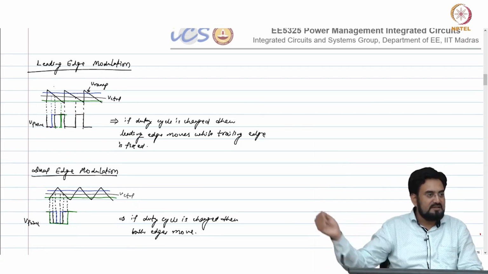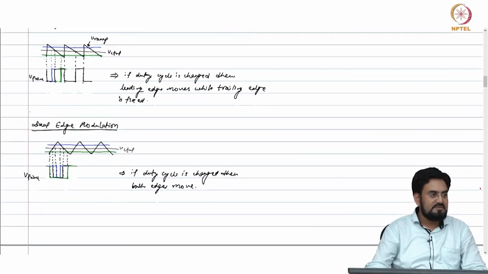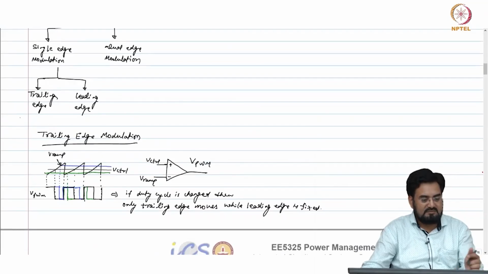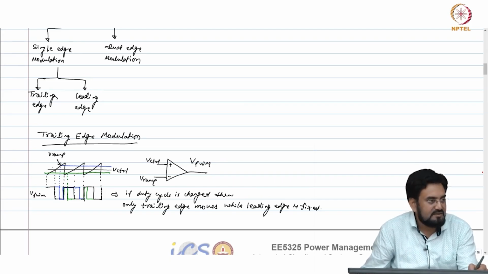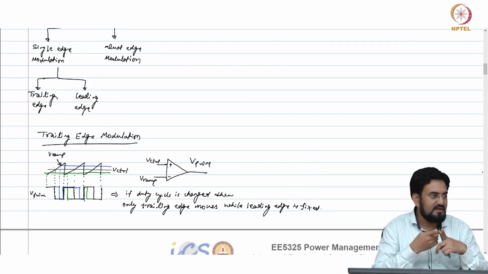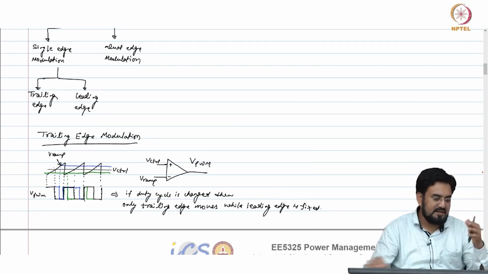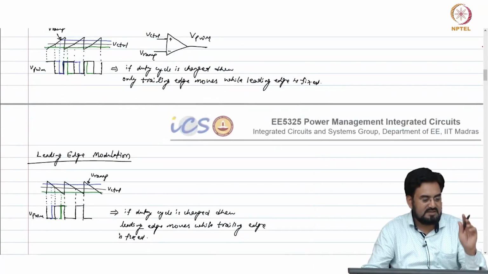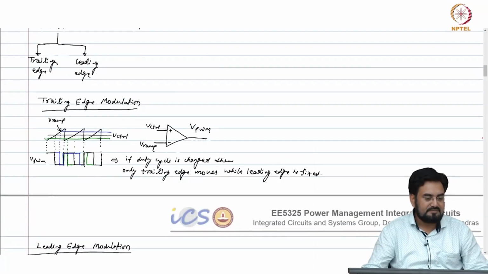You have to wait for the next cycle. That point of intersection is where your duty cycle changes. For trailing edge, that point of intersection changes your trailing edge; here the point of intersection changes your leading edge.